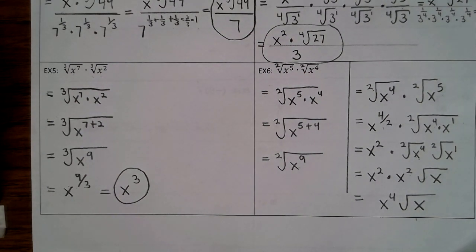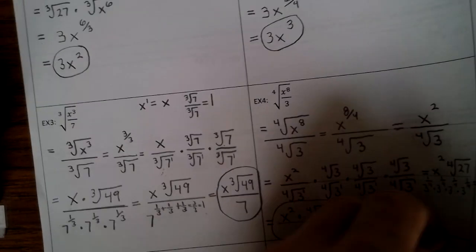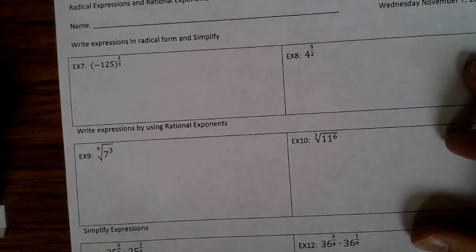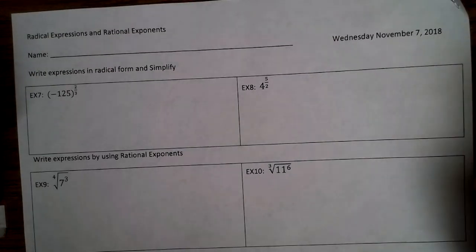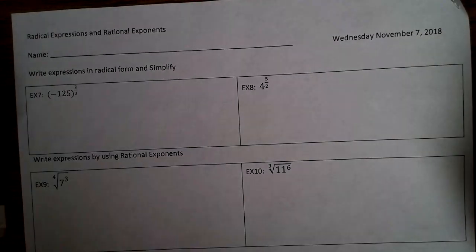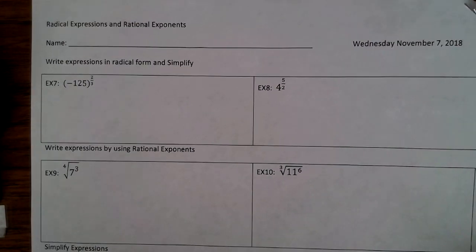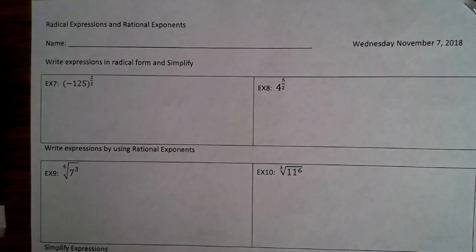And let's take a look at example 7. All right, so let's think about this. This can be rewritten as, that negative makes it look confusing, but I don't think it is.